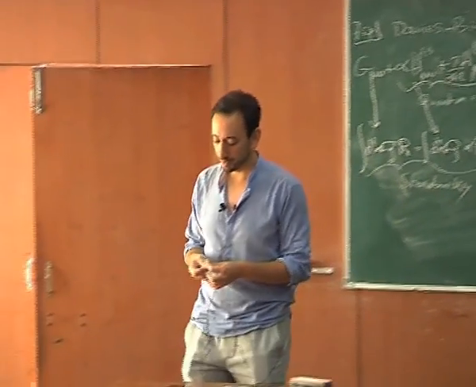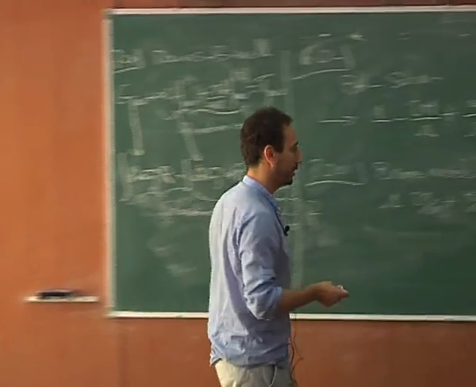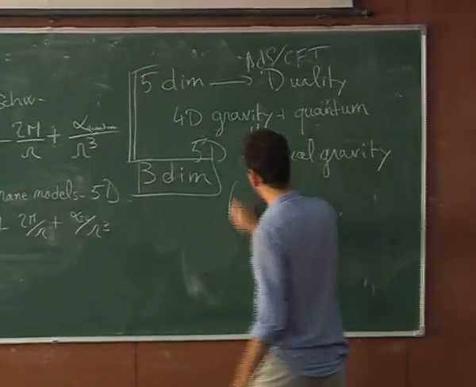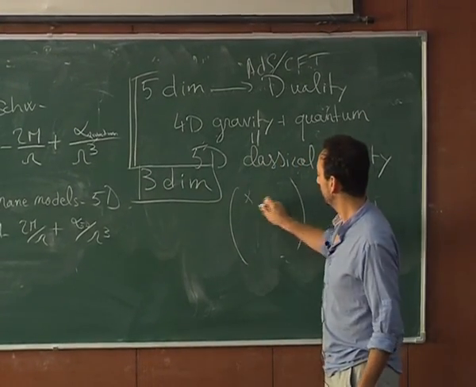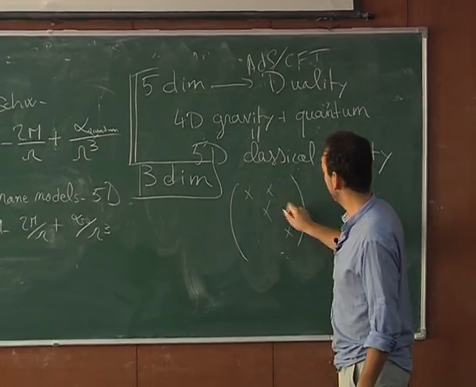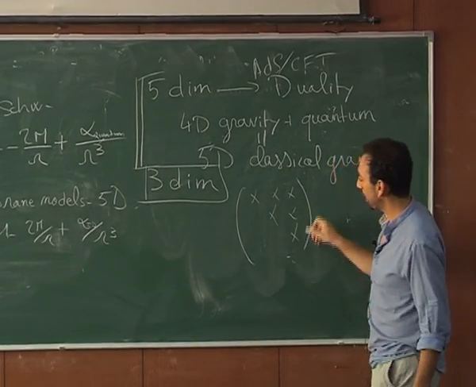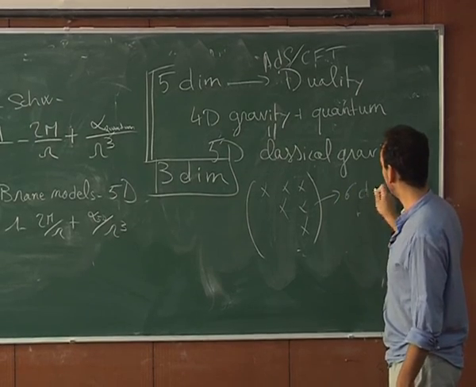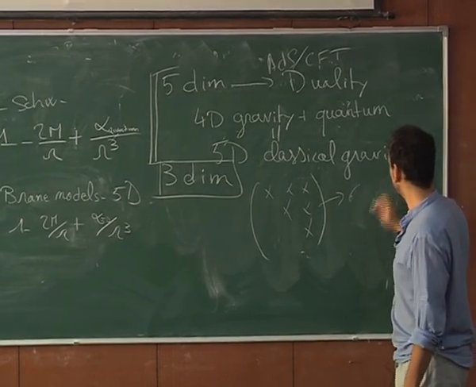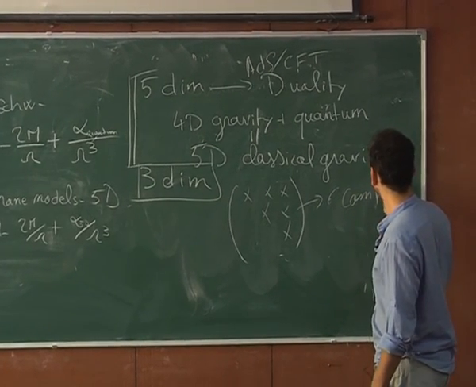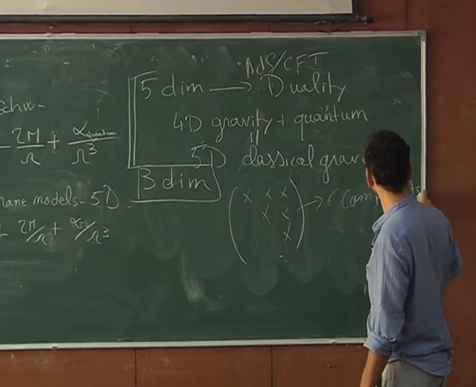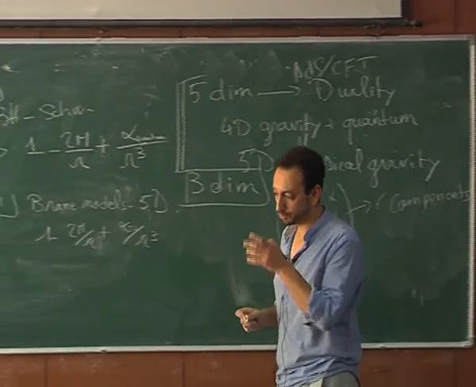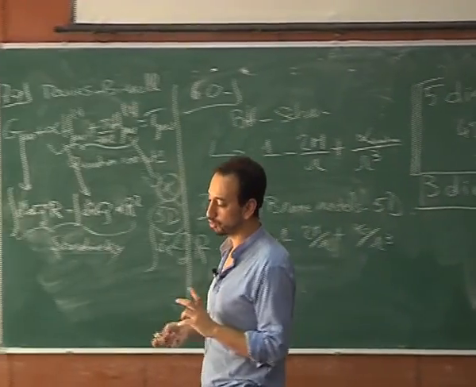The reason is, imagine that you work in 3 dimensions, and so your matrix is now a 3 by 3 matrix. So you have not 10 components, but only 6. These are not yet the degrees of freedom. Remember that you have some constraints.